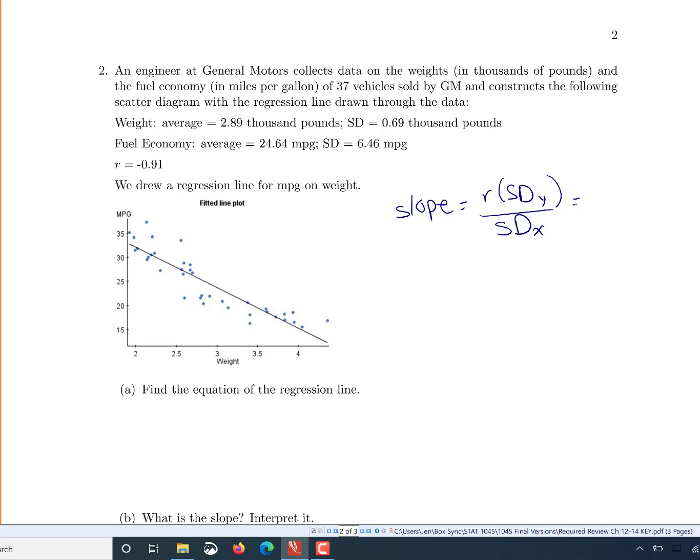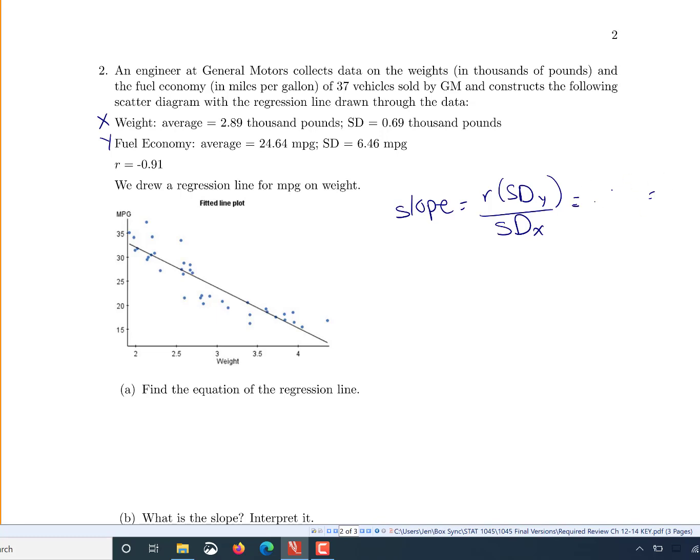So let's see, first you need to figure out which one's x and which one's y. It says we want to do miles per gallon on weight. Okay, that means we want to use weight to predict our miles per gallon. So weight is our x and miles per gallon is our y. Okay, so standard deviation for y is 6.46. Standard deviation for x is 0.69, which gives me, oh, oops, I forgot my correlation there.